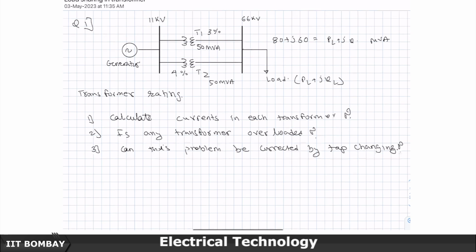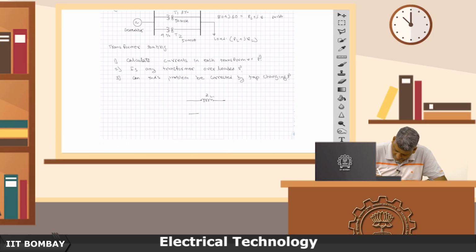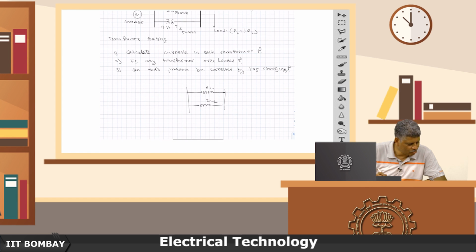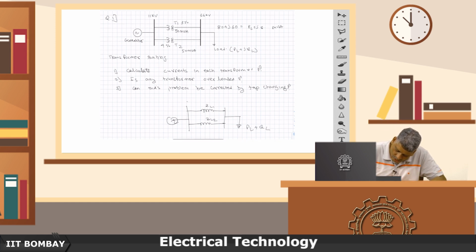First of all, we can think of each transformer as having a leakage reactance ZL1 here, which is actually XL1 only, because I have not taken resistance, and ZL2 here, and this is connected to a generator, and this side is connected to a load.